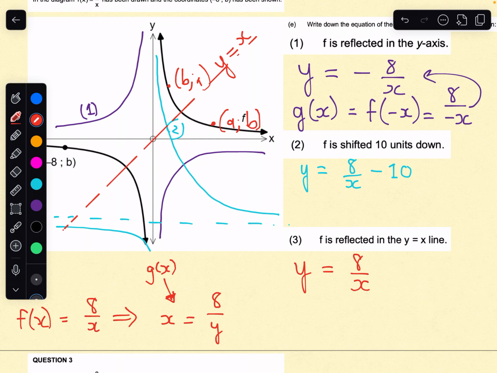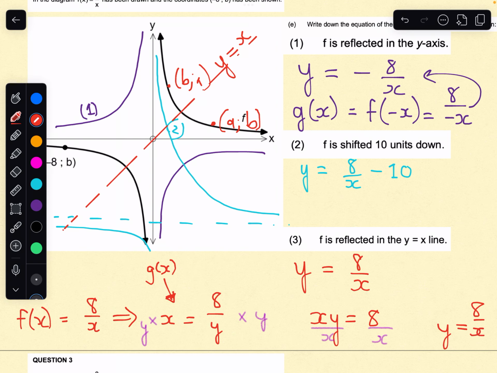In order to make y the subject of the formula, we can times by y on both sides. So we then have xy is equal to 8, and then we would divide by x on both sides, and so y is indeed equal to 8 over x.